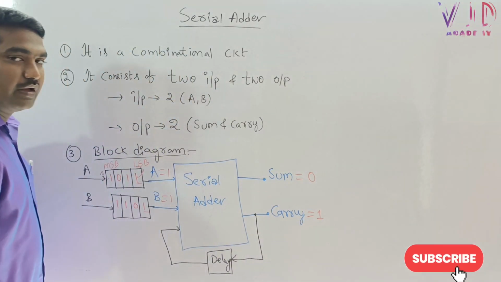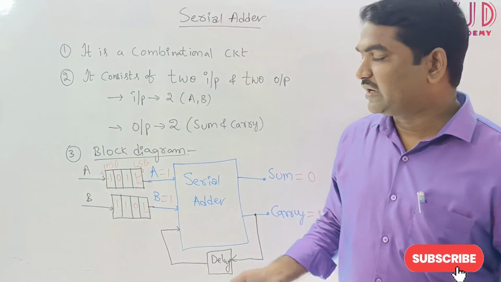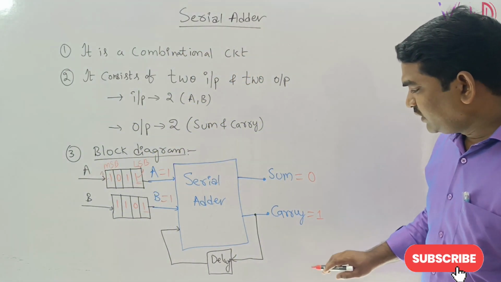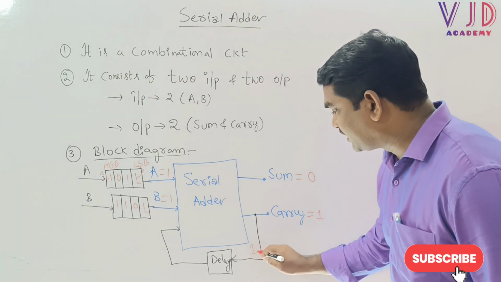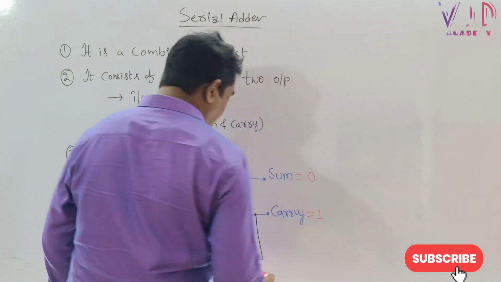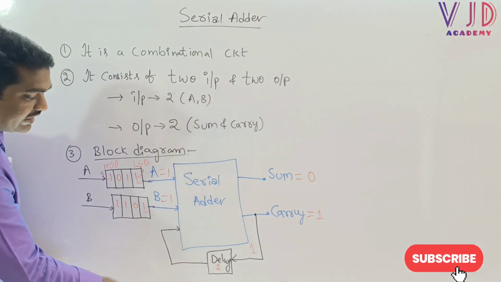That is what we learned in addition, full adder, subtractor. So the carry is 1, and this carry will be stored here with a delay.